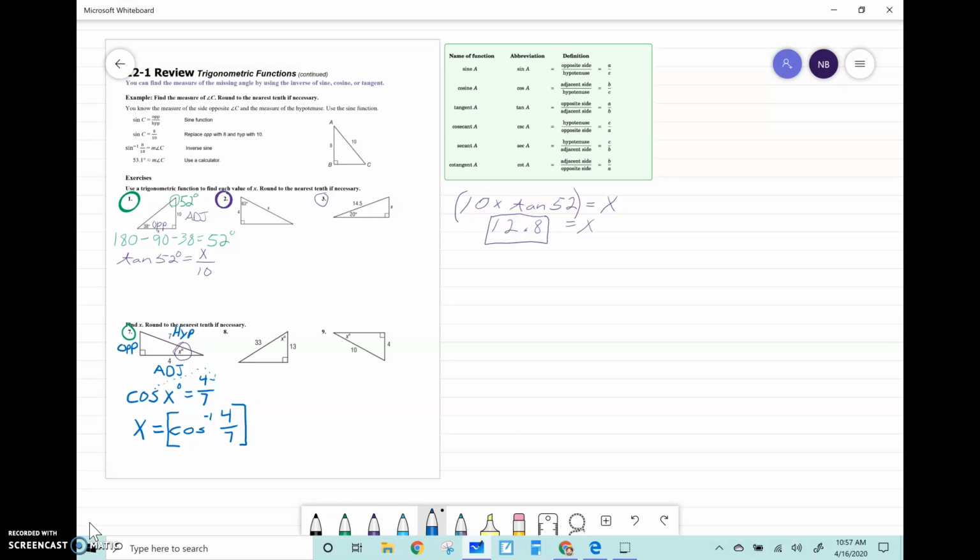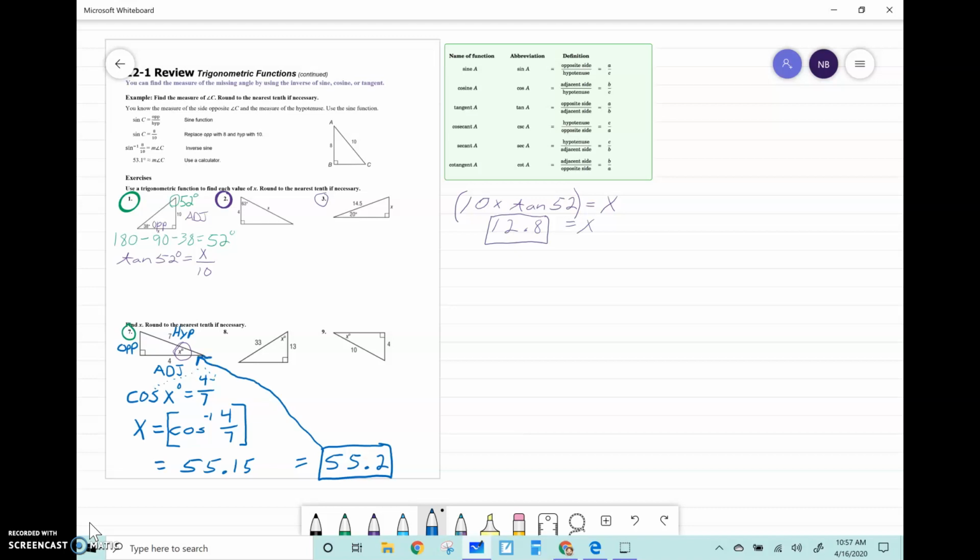And when we do that, we get 55.15. And if we look what we're rounding to the nearest tenth. So that's going to round up to 55.2. And that is our missing angle right there.